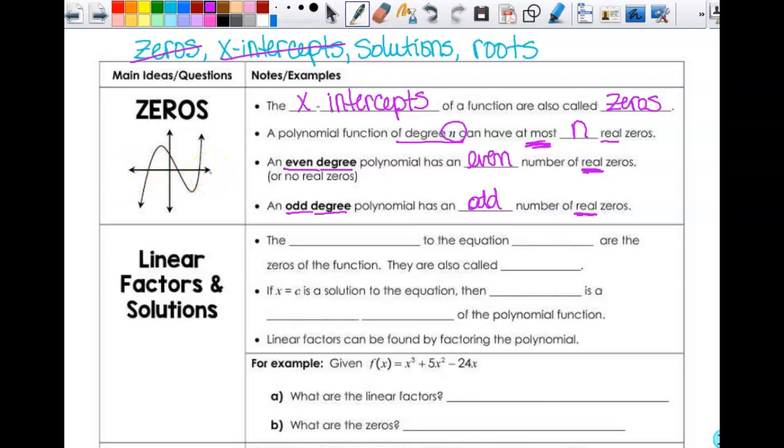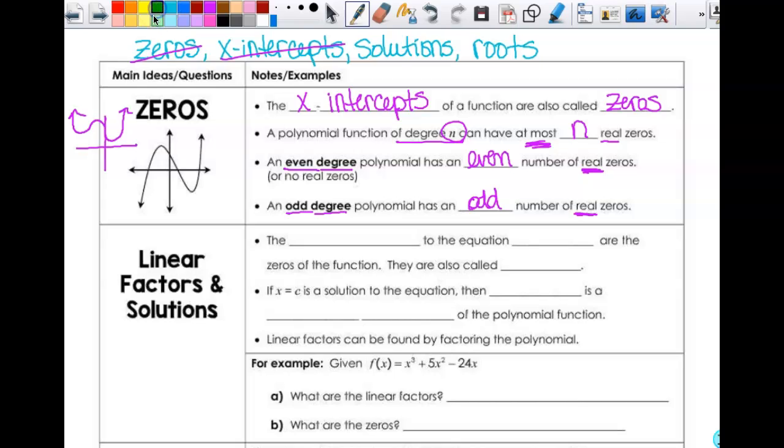Here it crosses 3 times, but it could cross just once, where an even could look something like this. Not like that because it can't be pointy. It could look something like that and not cross the x-axis at all. So that's why even could have 0, but odd has to have at least 1. We good with all that so far?